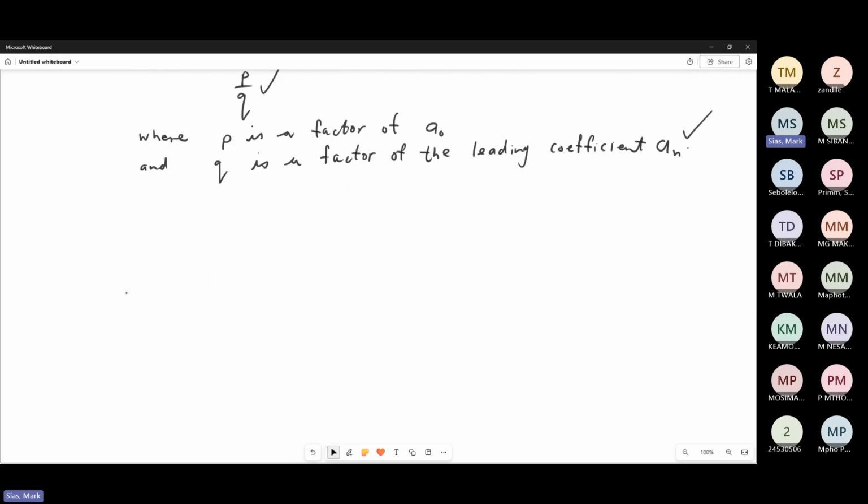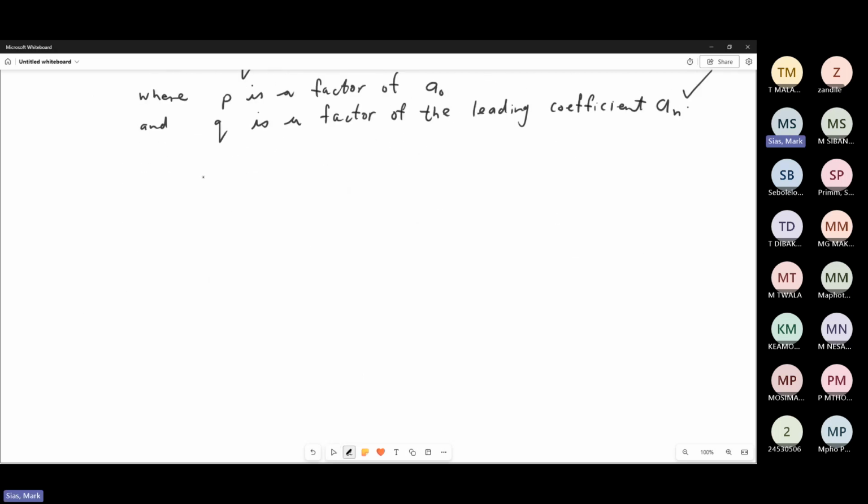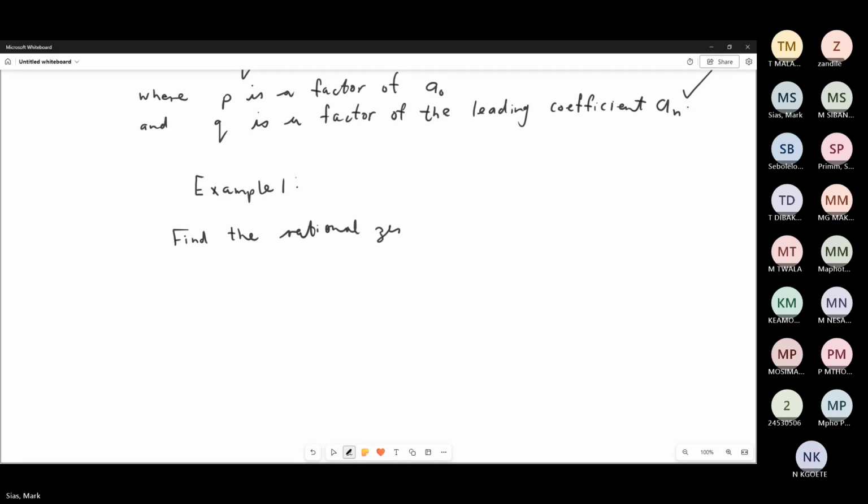So for example 1 that we encountered last week, this example asked you, find the rational zeros of p of x equal to x cubed minus 3x plus 2.